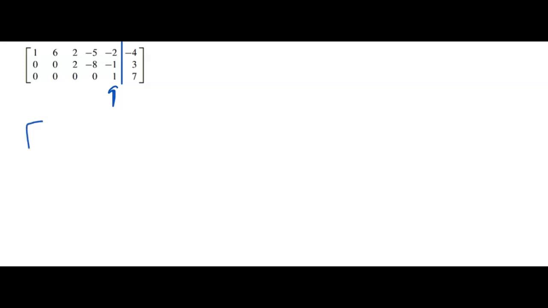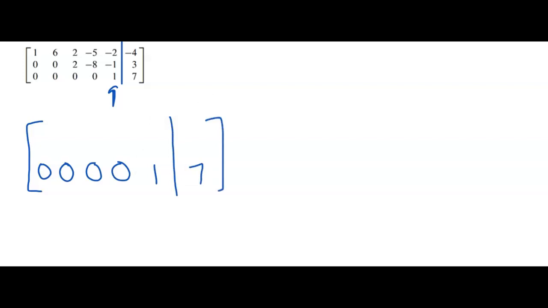So the only thing I'm going to be keeping is that bottom row. And for this top one here, I need to take 2 times row 3, so 2 times 1, plus row 1, and put that into row 1.